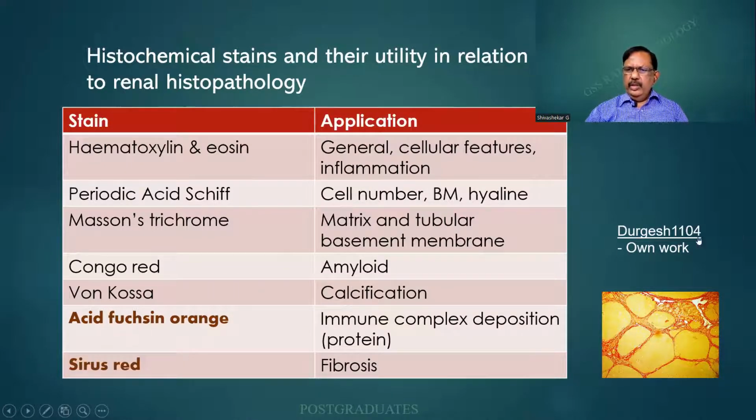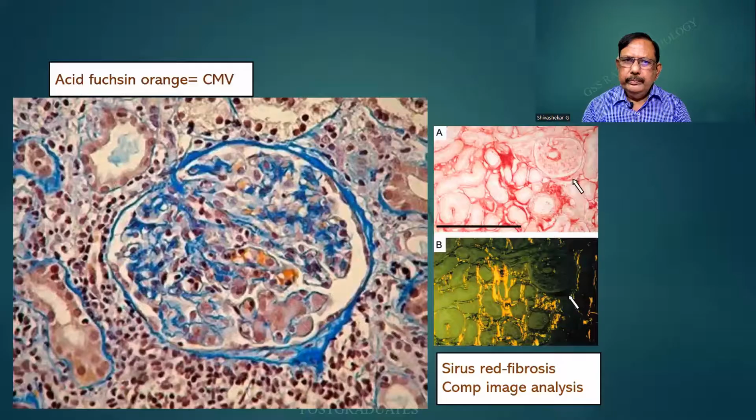And thanks to Durgesh for this wonderful picture. It is actually a liver in which the fibrosis has been detected by Sirius red. We pathologists are colorblind. We know only two colors, hematoxylin and eosin.